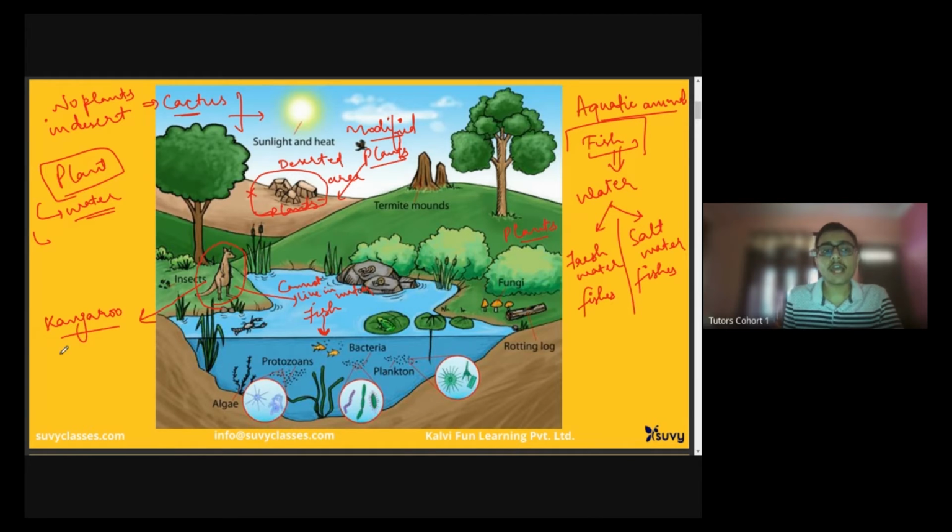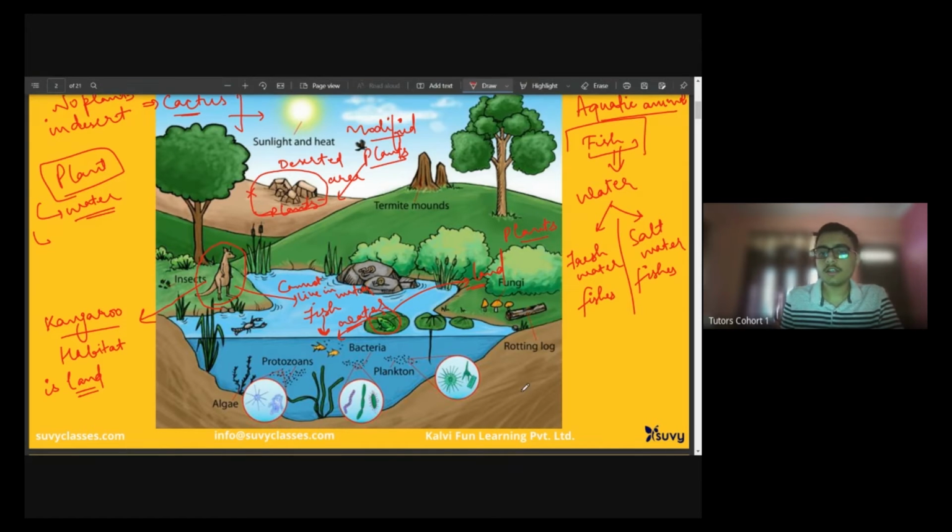So the kangaroo's habitat is land. There are a few animals like frogs that can live on both land and water, right? Do you know that? Yes, very good.